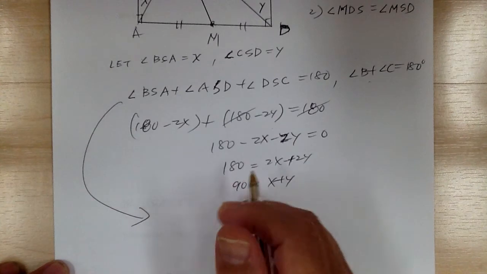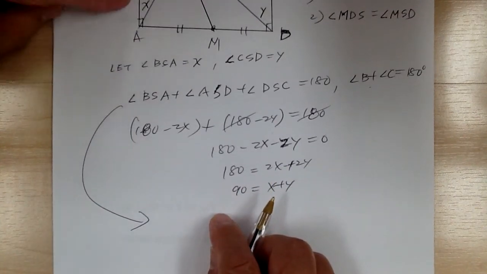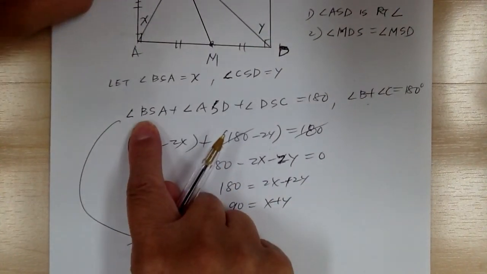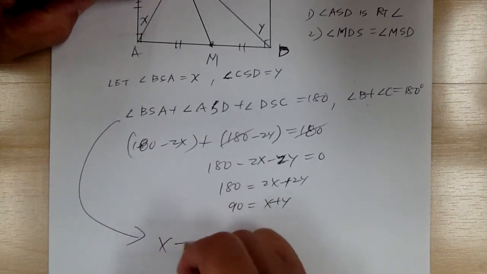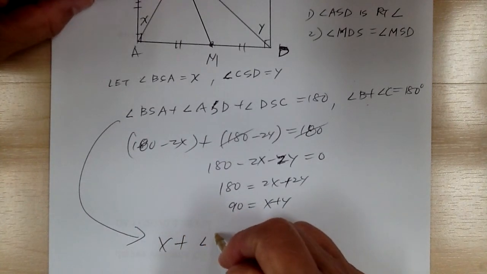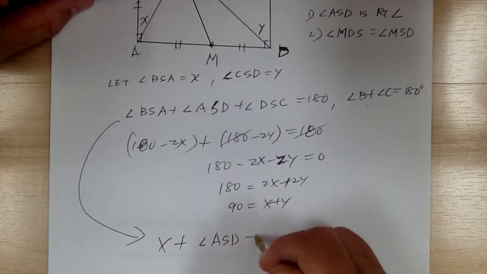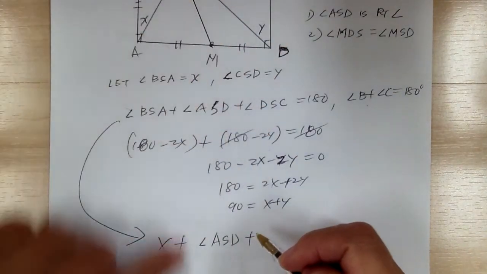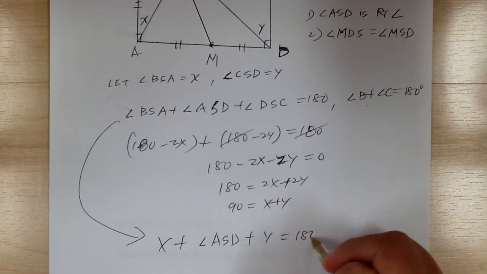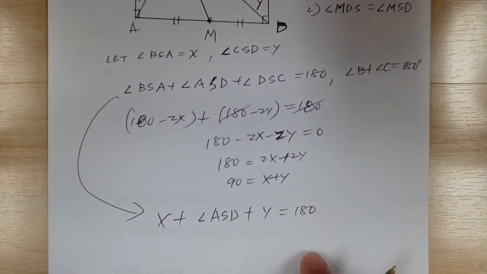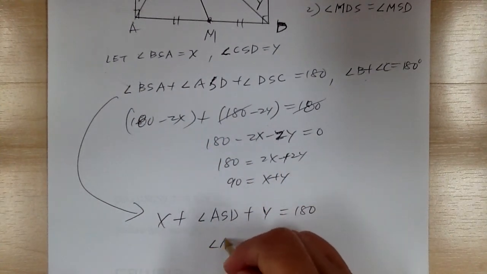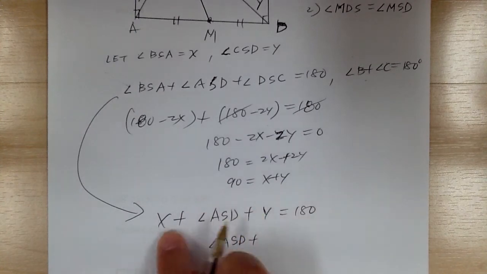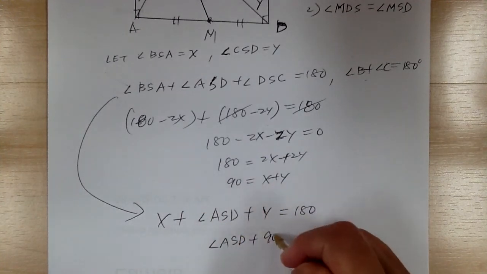Okay, so BSA is x. And DSC is y. So we use this equation over here. So we got angle ASD plus, well, x plus y from here is 90 degrees.